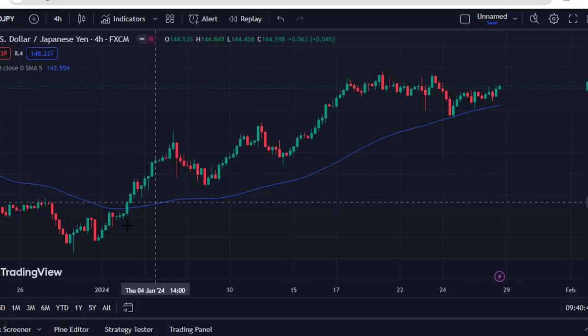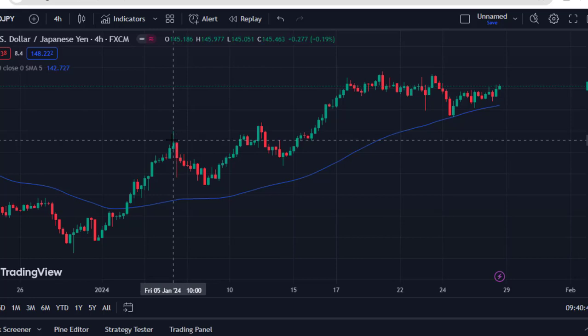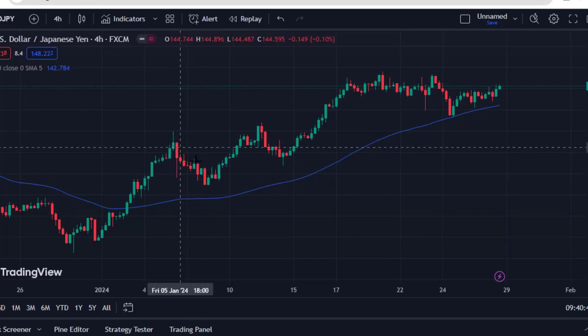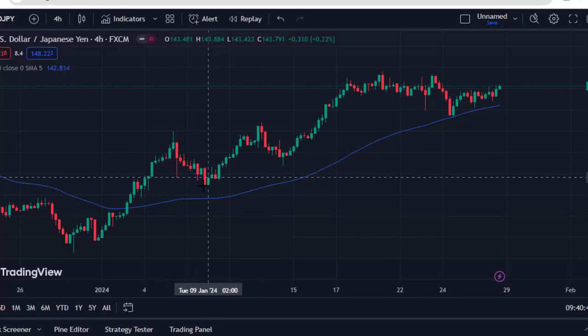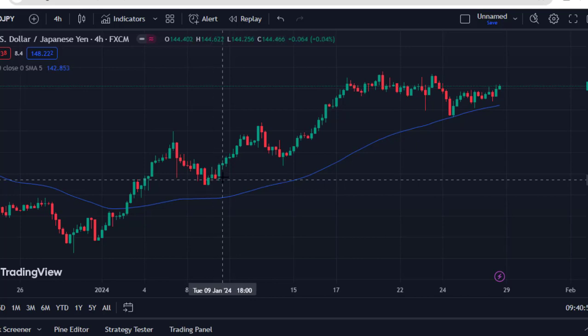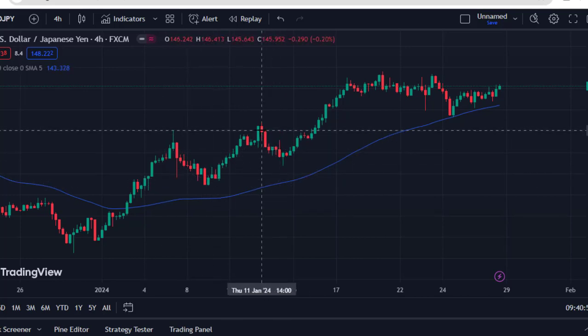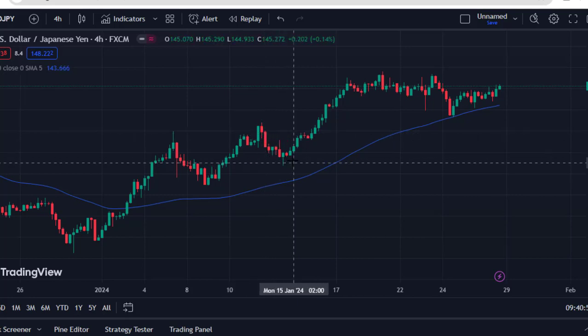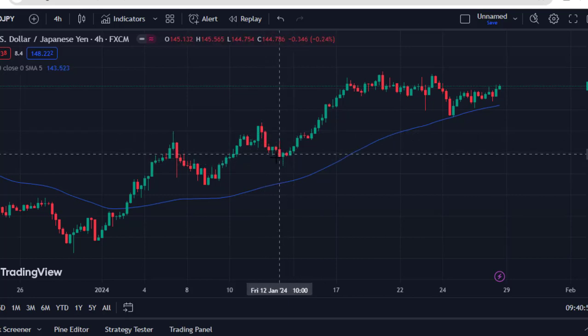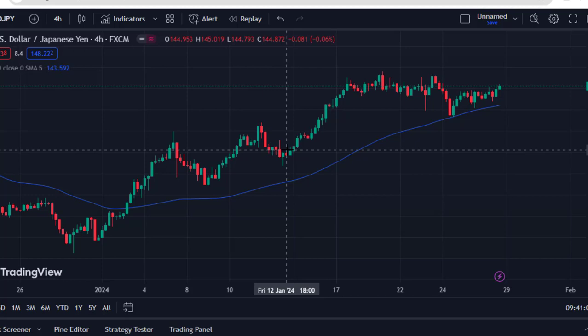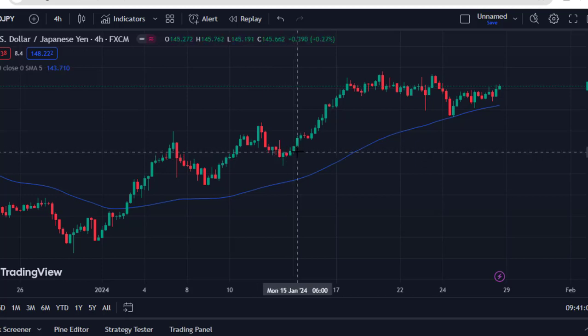Let's say, for example, you see the market move all the way from here upward and then retrace or pull back. We want to look for divergence around this area so that we can enter the position for the next impulsive move. The same thing applies when the market pulls back: we look for divergence on the lower time frame, in this case 1 hour, to know when the next impulsive move is in motion.